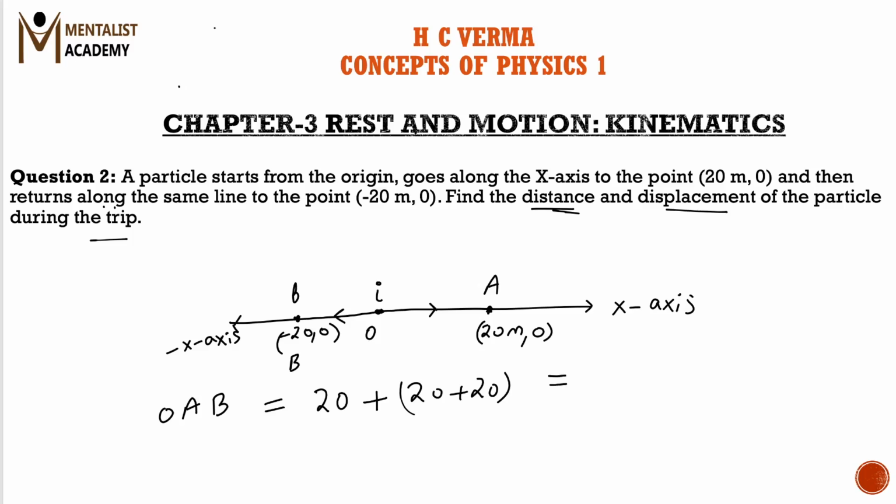So total distance which the particle travels, OAB is the distance, is equal to 60 meters.